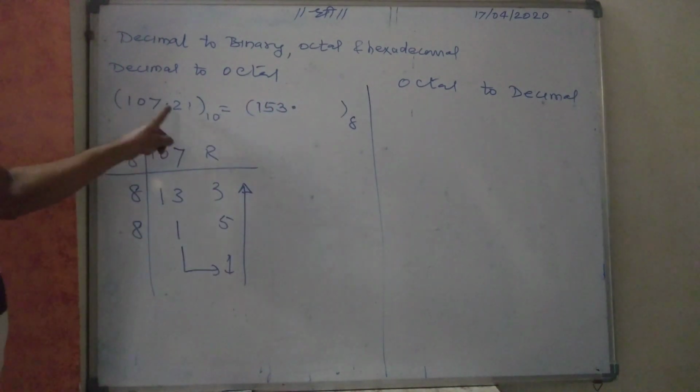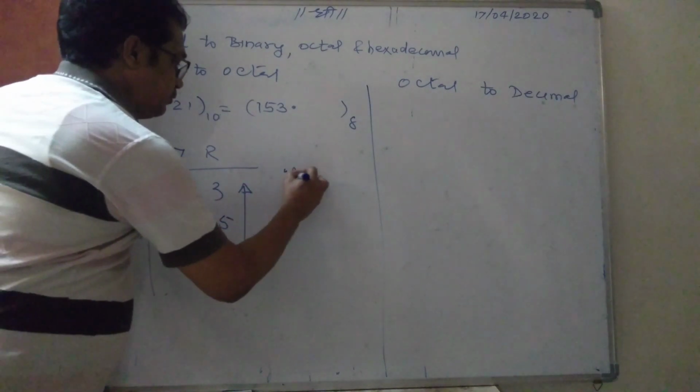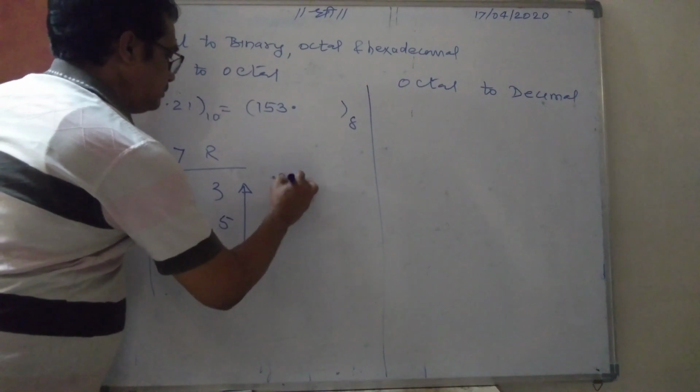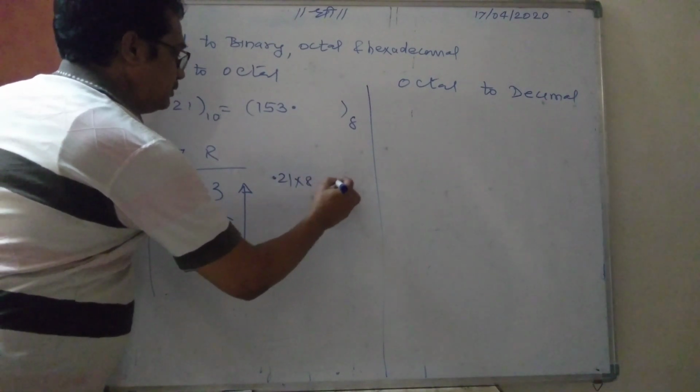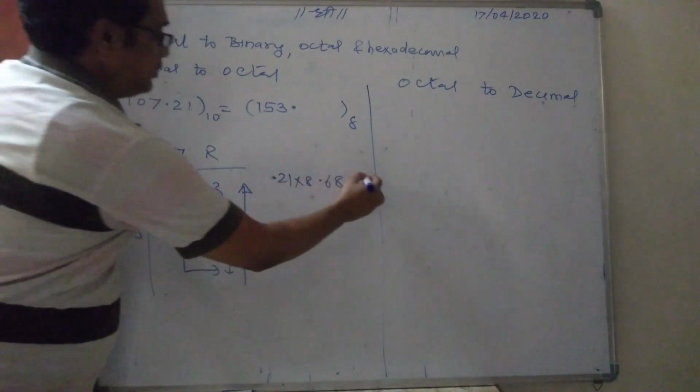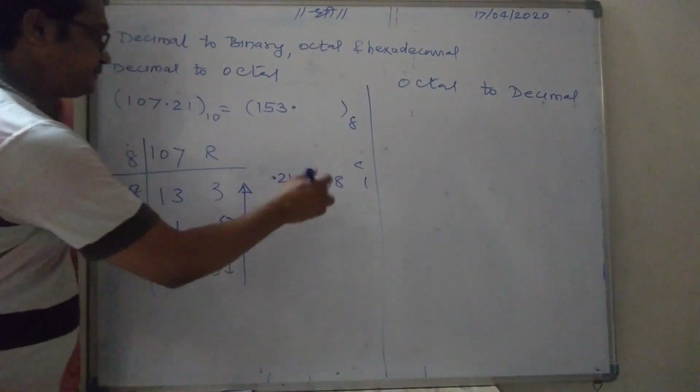Point. Now the fractional part, 0.21 into 8. Remainder 1, carry 1.